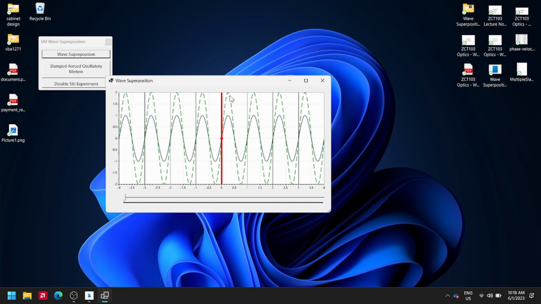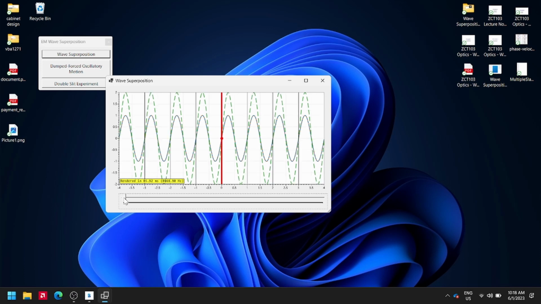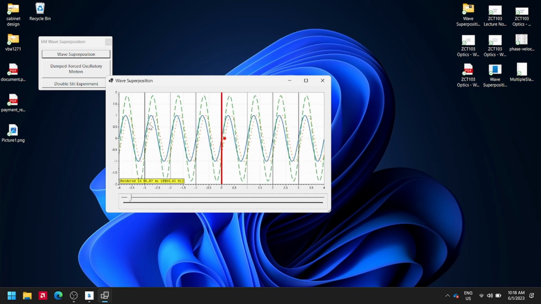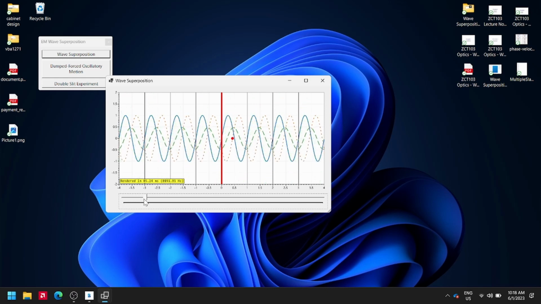The green dotted line represents the resultant wave after the addition of the orange sinusoid and the blue sinusoid. So the orange sinusoid adds with the blue sinusoid, then they form the resultant wave, which is the green dotted line.